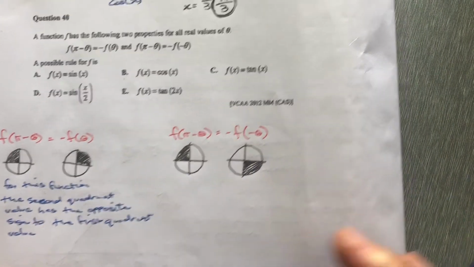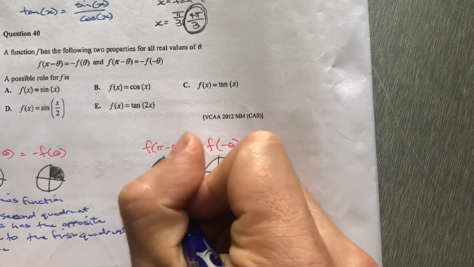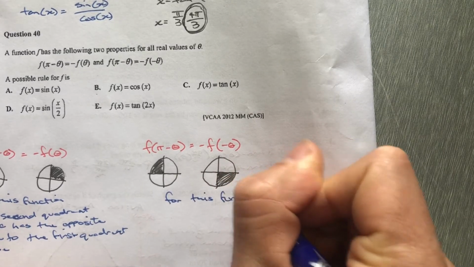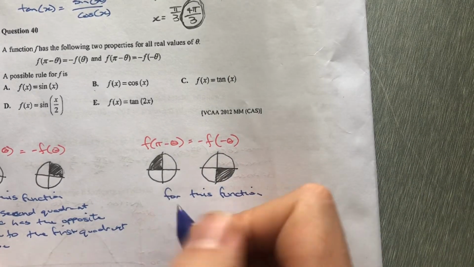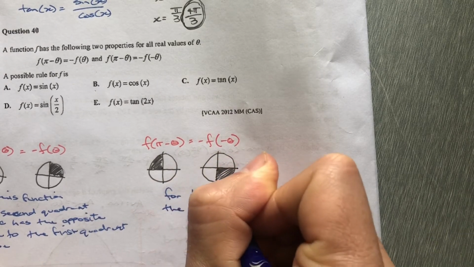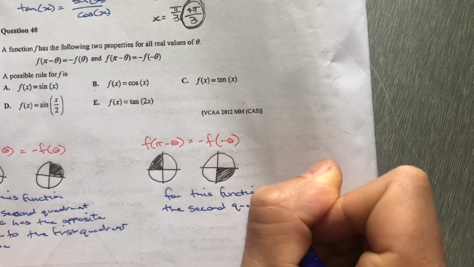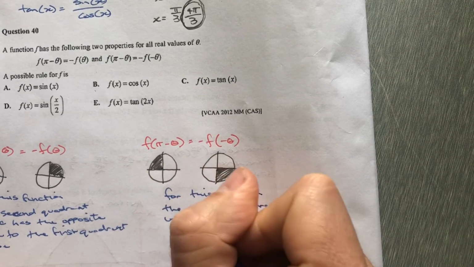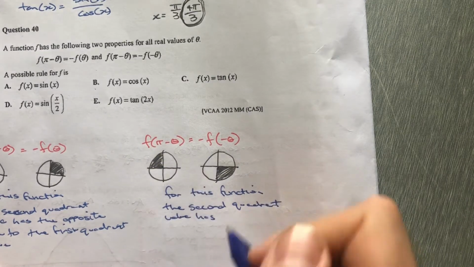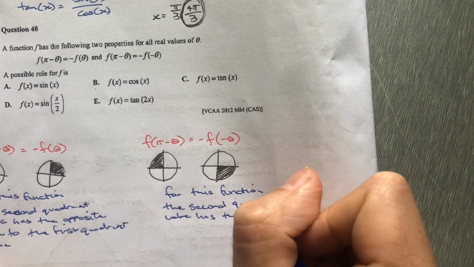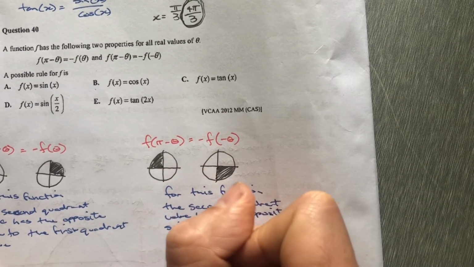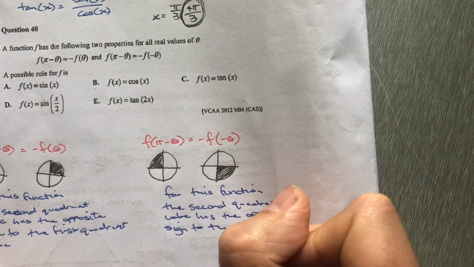Now let's look at this one. This has to be true for the function as well. So for this function, the second quadrant value has the opposite sign to the fourth quadrant value.